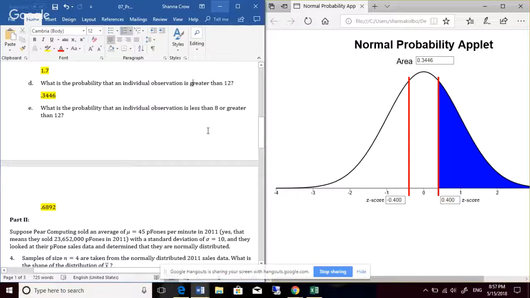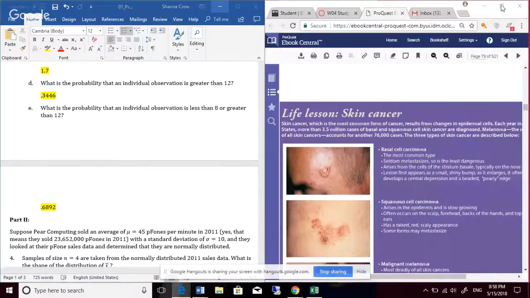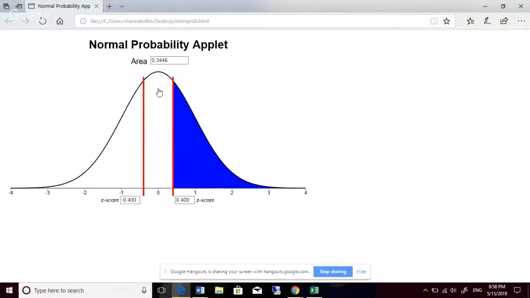So this one is another visual one. We can go the long way around and figure it out with the formulas, or the way the instructor explained it was this probability applet. We know the mean is 10.